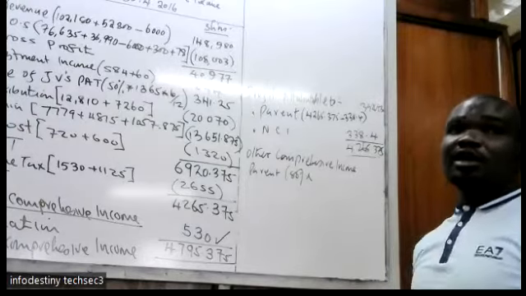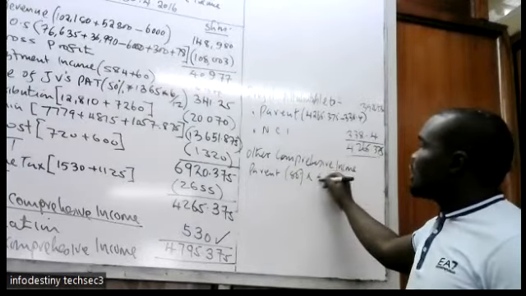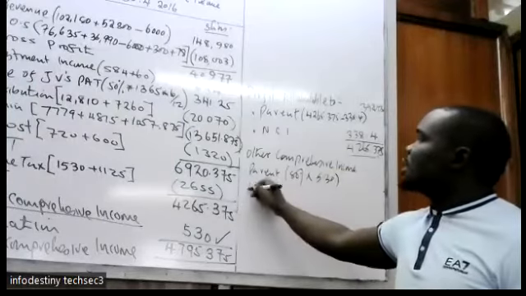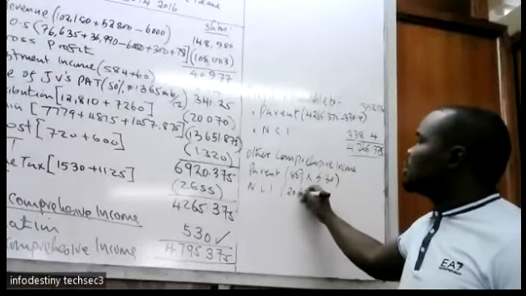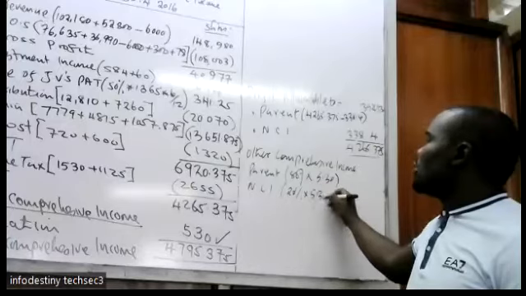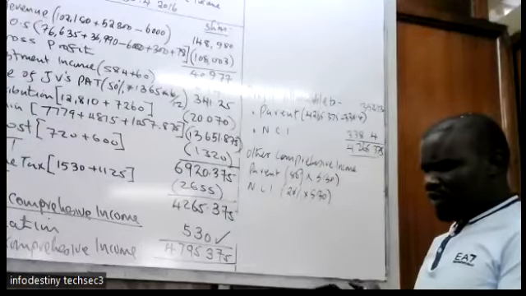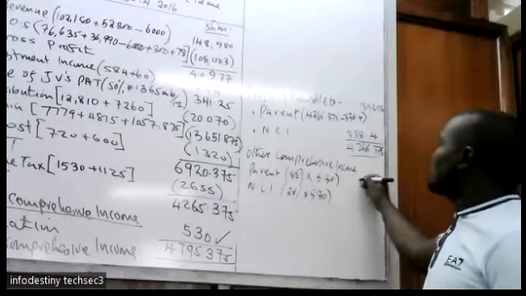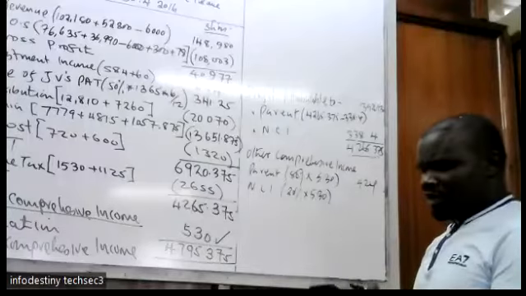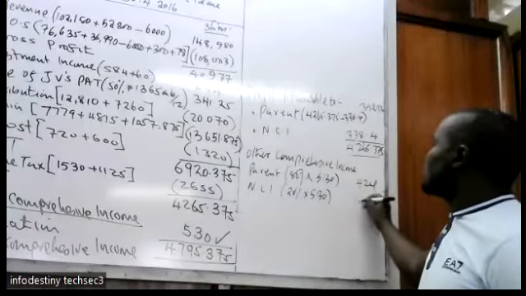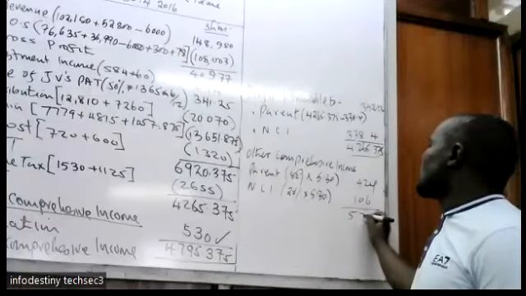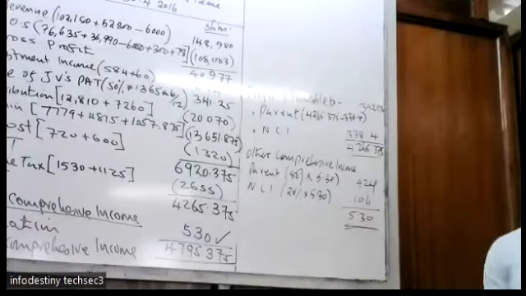The subsidiary. So parent will take 80% of that 530. NCI will take what percentage? 20 of 530. So 80 of 530, 424, and 530 less that answer, 106. Full stop.